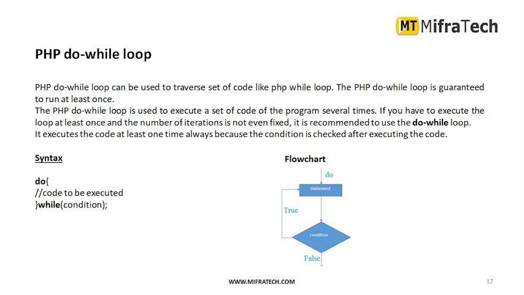You can see the syntax: do, code to be executed, while, condition. Flowchart: here you can see the do statement will be executed, and then the condition; it will run at least once, then it will become false.